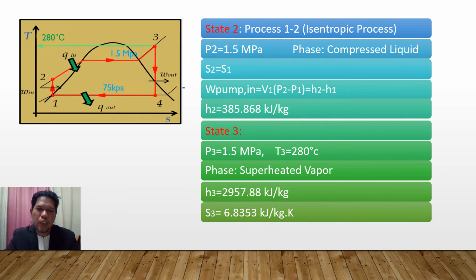To get the enthalpy for state 2, we use the formula: work pump in equals specific volume multiplied by (pressure 2 minus pressure 1), equals enthalpy at state 2 minus enthalpy at state 1. The enthalpy at state 2 is 385.868 kilojoule per kilogram.